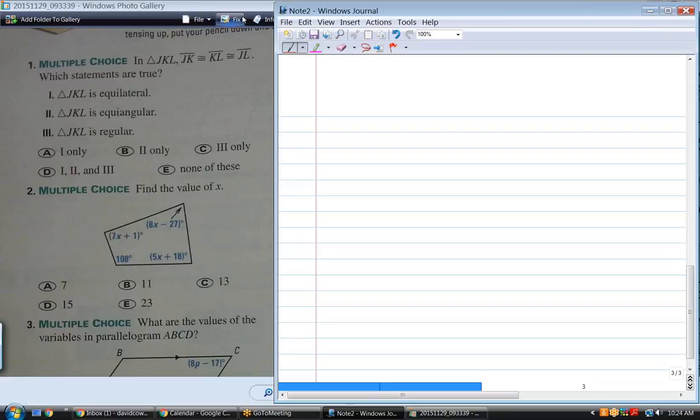In other words, it's equilateral and equiangular. That's the definition of regular, whether it's 4 sides, 5 sides, 8 sides, doesn't matter. All sides are equal, all angles are equal. Okay, so 1, 2, and 3.